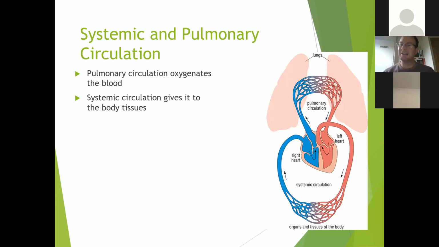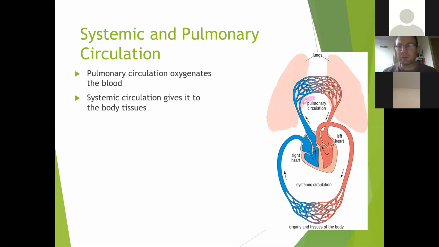So this picture is a little bit anatomically incorrect, but there's two types of circulation that you need to know. We break down our circulation into the systemic and the pulmonary circulation.